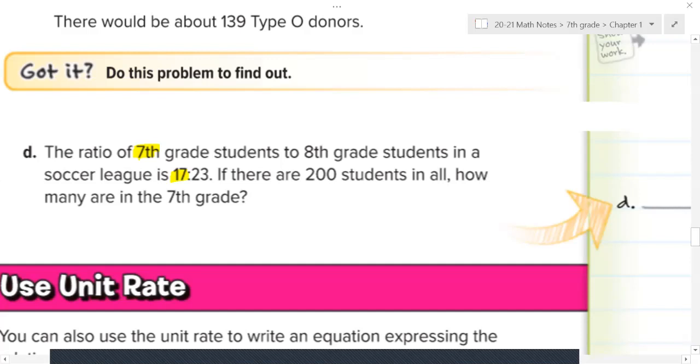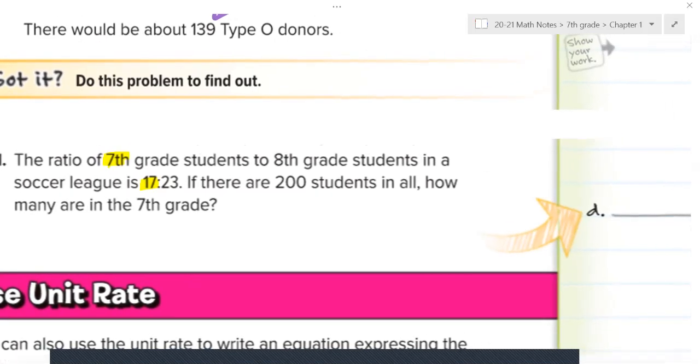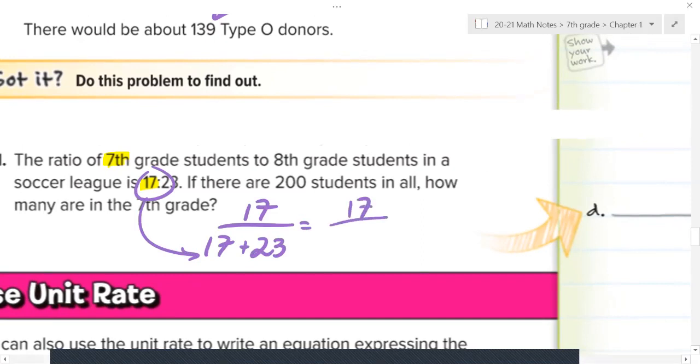If there are 200 students in all, how many are in the 7th grade? So I'm going to take these two numbers and have them in the denominator. So I'm looking for 7th graders, and the total people that are there is 17 plus 23. This is coming from that ratio right there. So I'm just going to go from there. So we have 17 over 40.